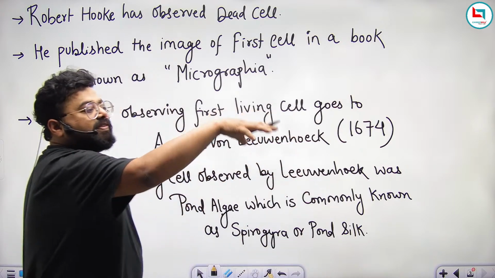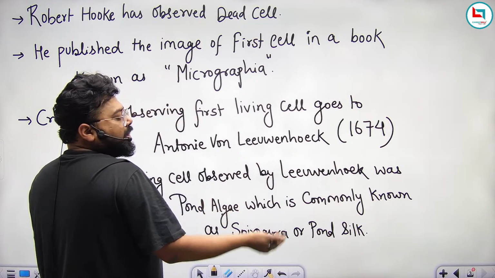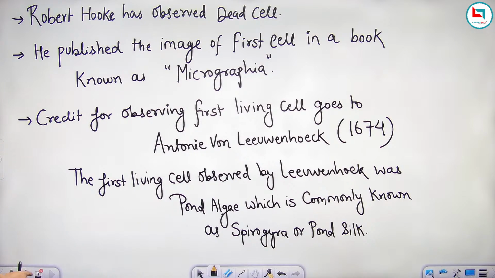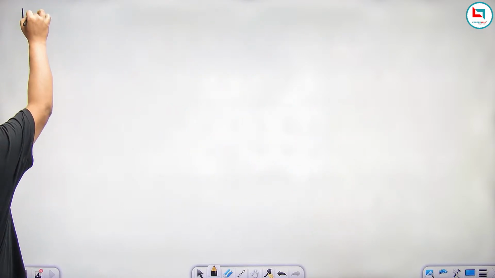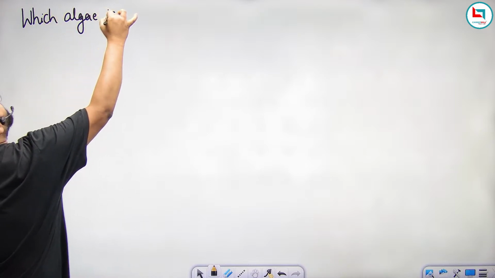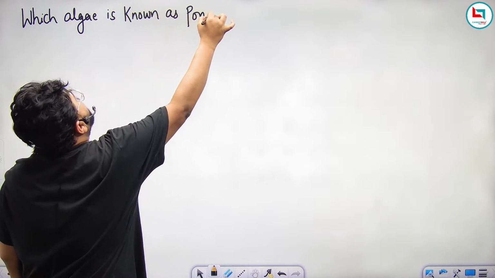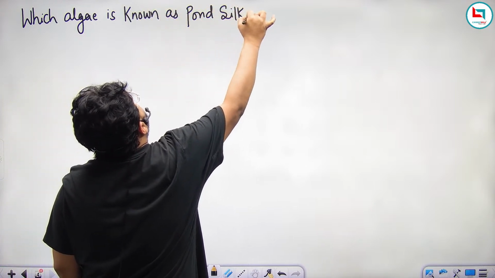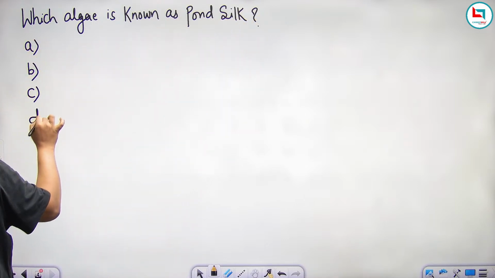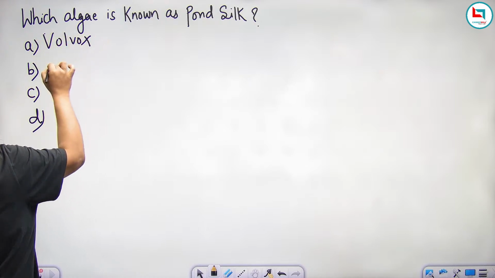The algae which we usually see over the pond, its name is Spirogyra, and it is commonly known as pond silk too. So if somebody asks you which algae is known as pond silk, they'll give you four different options like Volvox, Chlamydomonas, Spirulina and Spirogyra.